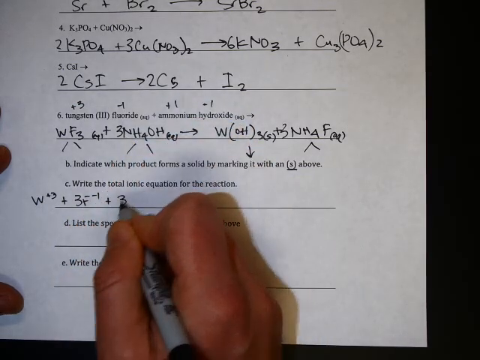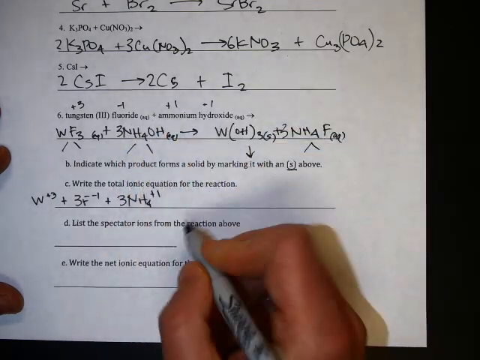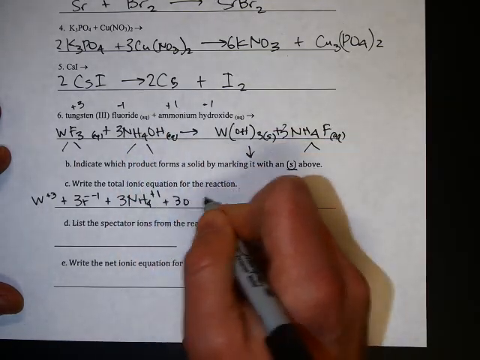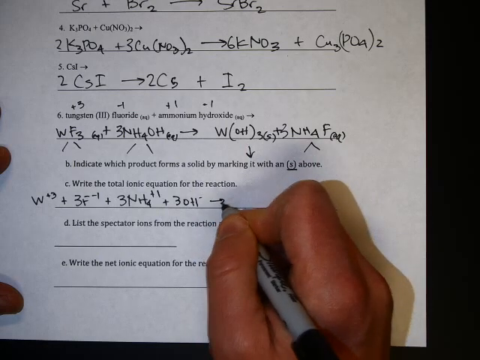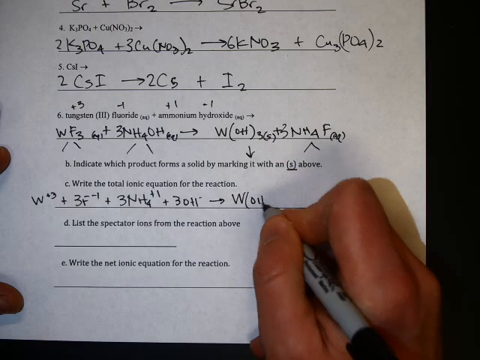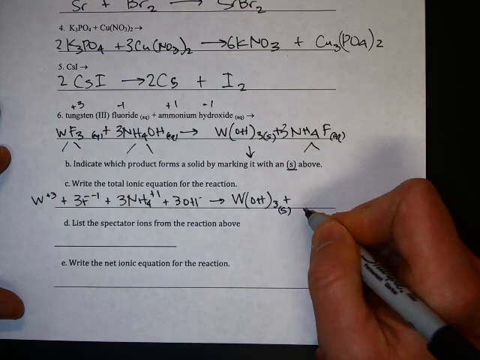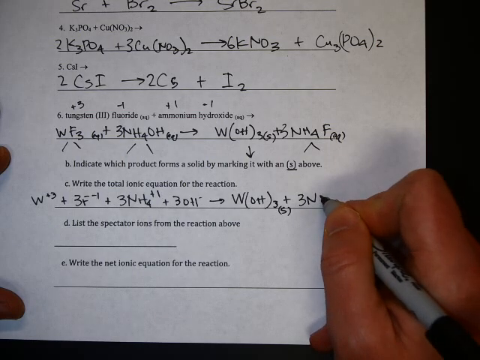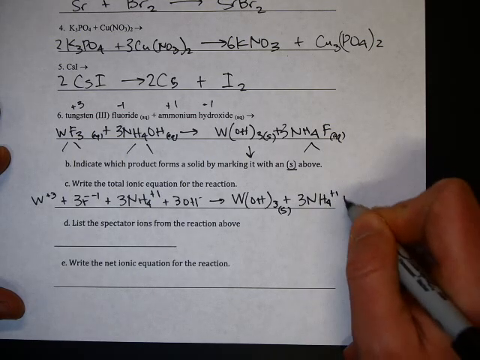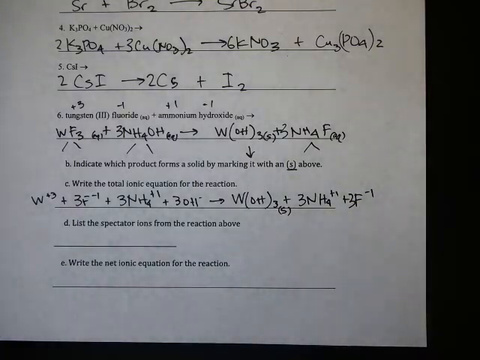I've got 3 ammoniums, which is +1, and the 3 distributes, so I also have 3 hydroxides. Then I keep the solid ones together. That's the tungsten 3 hydroxide. Write a little s so we don't forget. And then on this side, I've got 3 ammonium and 3 fluorines. So there is what we call the complete or total ionic reaction.